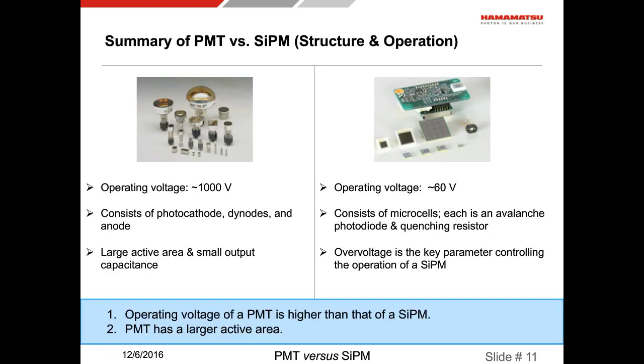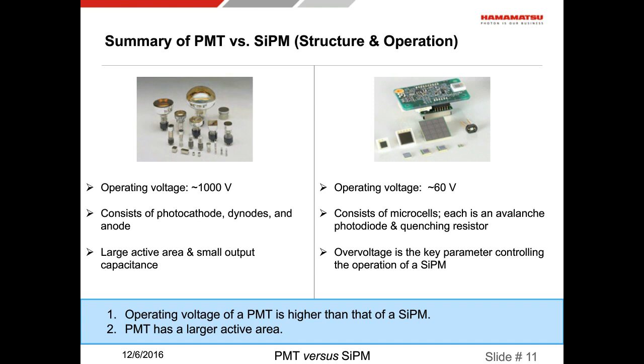Let me summarize some basic or important points about the structure and operation of these two devices. First, to operate a PMT, one requires supply voltages on the order of 1,000 or so volts, tens of volts in case of a SiPM. There are three major components of a PMT. In fact, every PMT will have these components. It's always dangerous to say always or every, but here it is true.